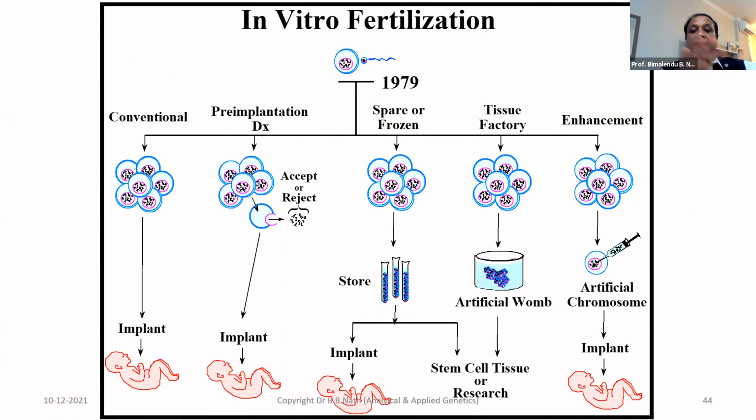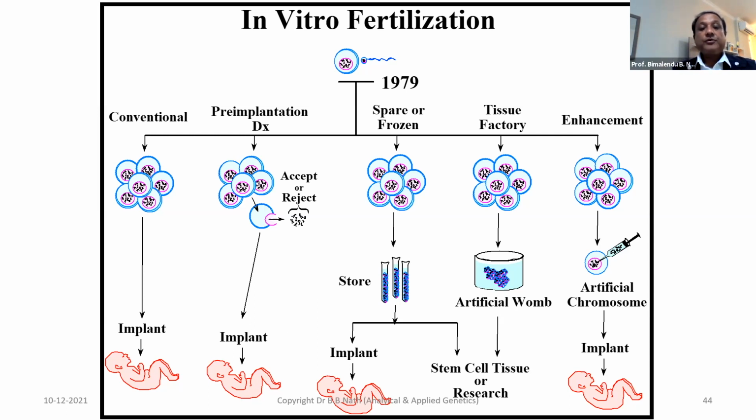This is an overview of in vitro fertilization, which has been in practice since 1979. Conventionally, you can see the zygote divides 1 to 2, 2 to 4, 4 to 8. At a certain stage you can remove one of the blastomeres and do the testing, karyotype testing, or DNA testing and so on.